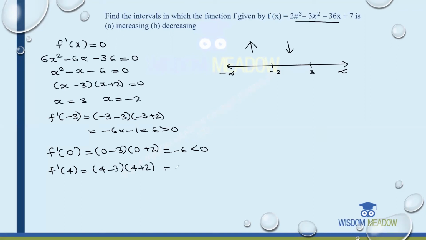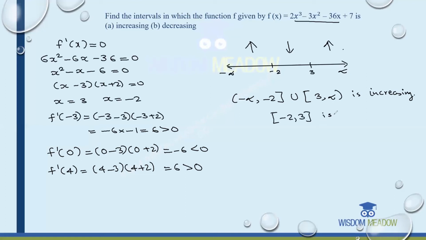That's going to be 6, which is positive. So it's increasing. Therefore, we can write the intervals: minus infinity to minus 2 included, or union 3 to infinity is increasing, minus 2 to 3 is decreasing.